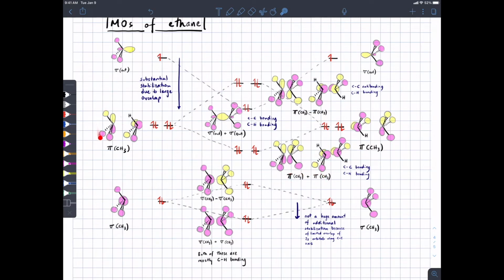So this pi CH3 with this pi CH3 gives you this version with a lobe up here and a lobe down there and a node in the middle. This is the other one you get from combining these two pi CH3s side by side. Now, the other two are the minus combinations, and that's up here.